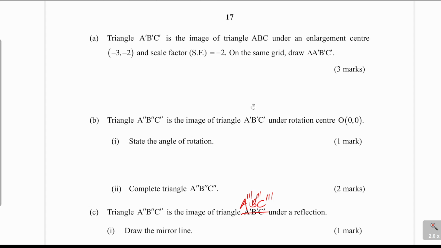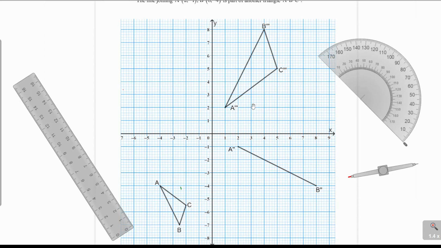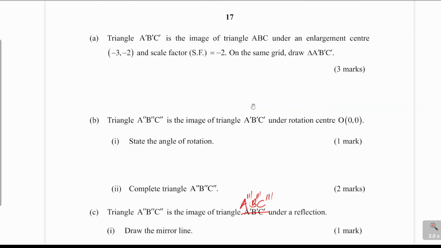On the same grid, draw triangle A prime, B prime, C prime. So from the diagram you can see triangle ABC. We're given that A prime, B prime, C prime is the image of that triangle under enlargement, center is given (-3, -2).